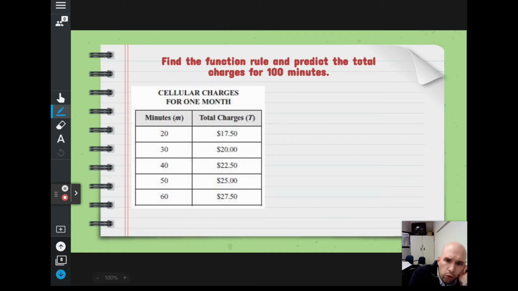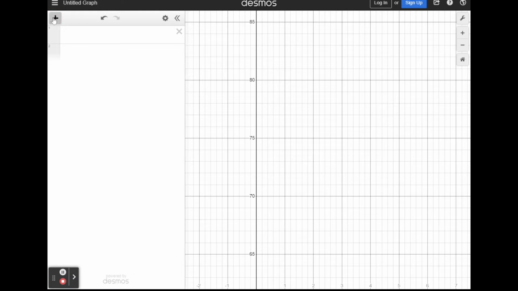Find the function rule and predict the total charges for 100 minutes. Let's use Desmos again. Let's bring out our table.